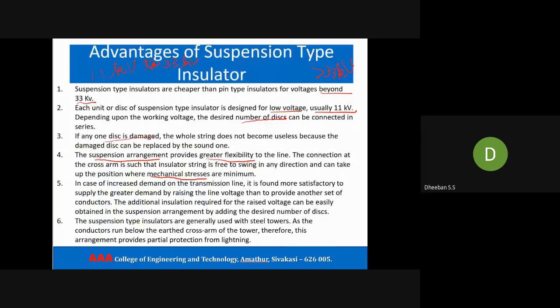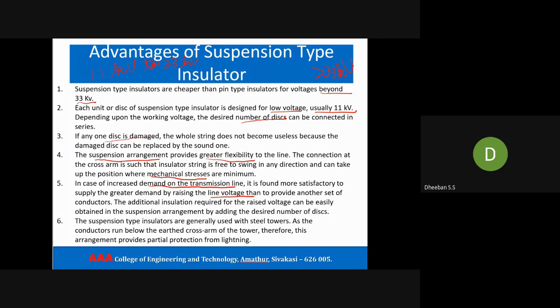The fifth one is that in case of increased demand on the transmission line, it is found more satisfactory to supply the greater demand by raising the line voltage. What they are saying is that if suddenly there is a demand rise, for example nearby they are opening an industry, demand might increase. If at the initial stage itself they place the transmission line with suspension type insulators, they need not replace any insulator.